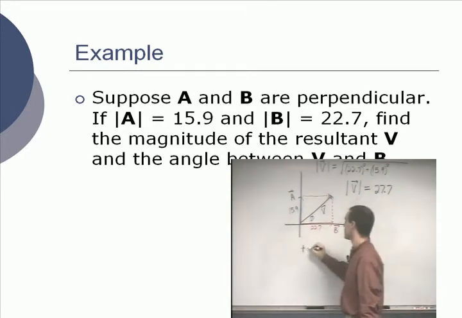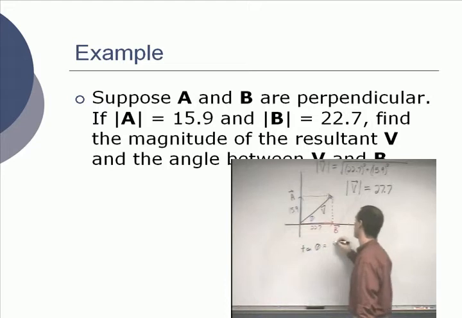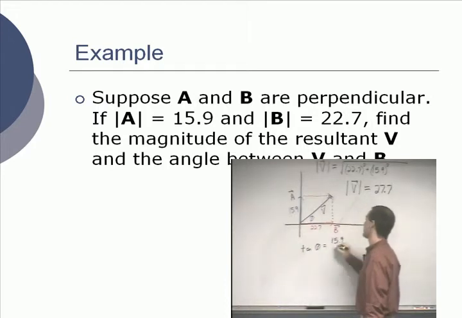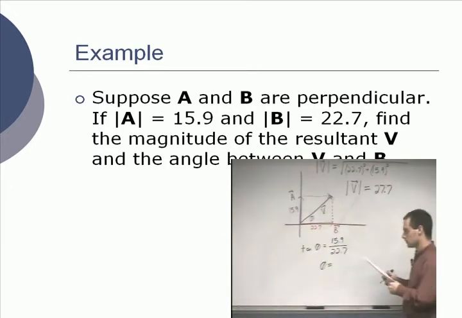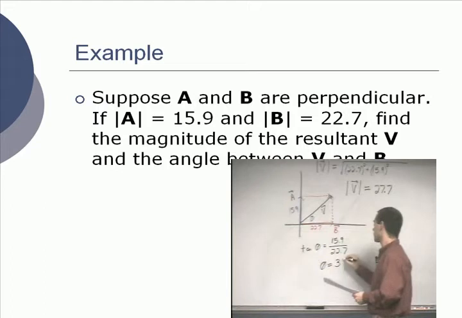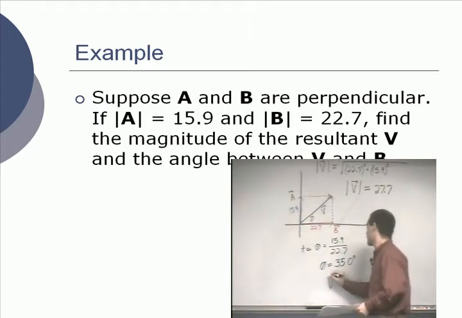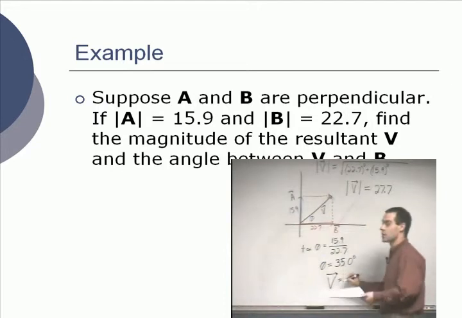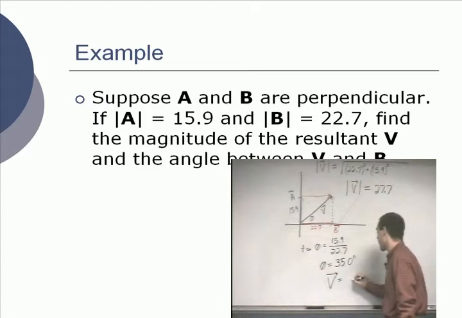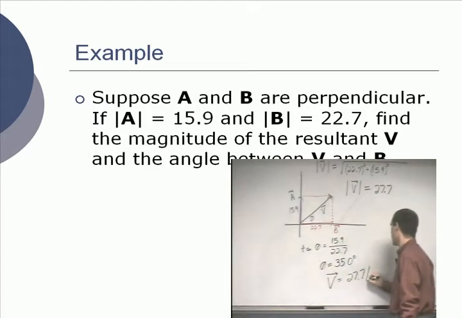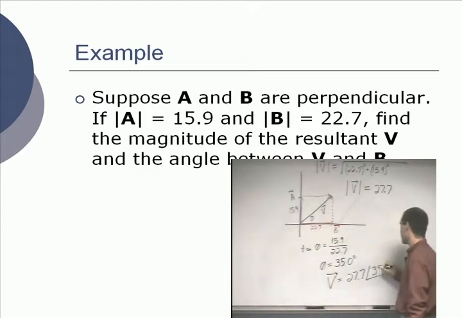Tangent of theta is going to be 15.9 over 22.7, and our angle works out to be 35.0 degrees. And so the resultant vector, in this case we called it V, has a magnitude of 27.7 and an angle of 35.0, and we're done.